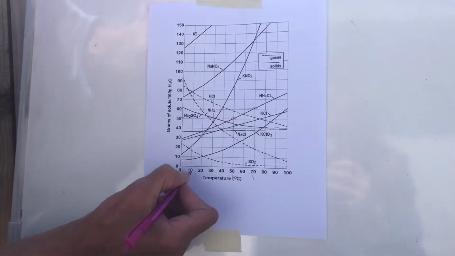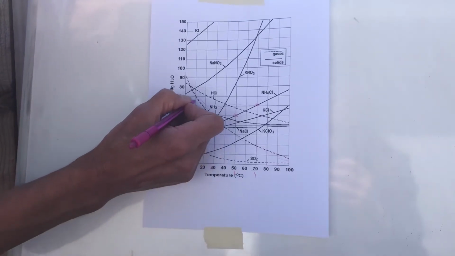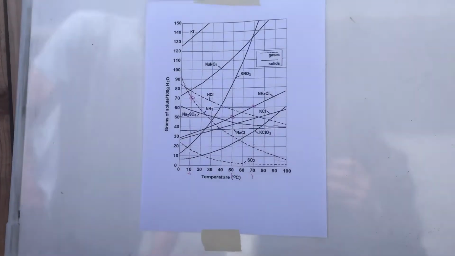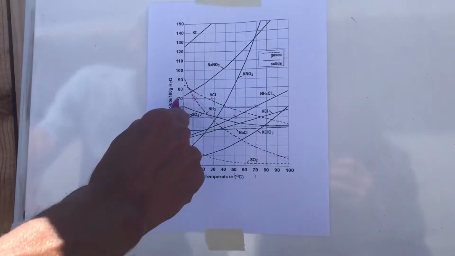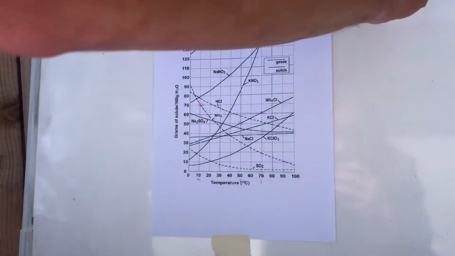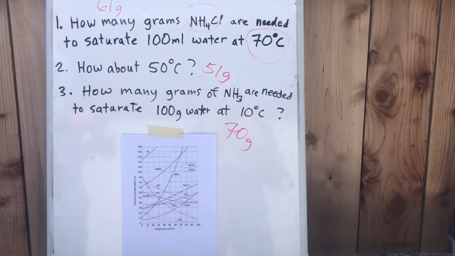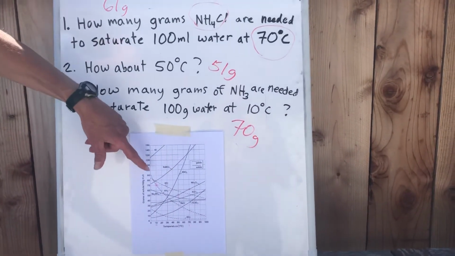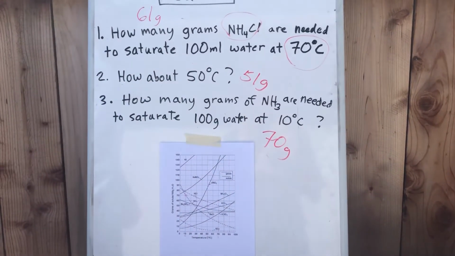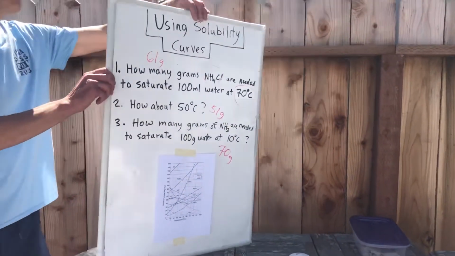At 10 degrees, that's here, you get to ammonia, it's about right here, and that would be about 70 grams. So 70 grams of ammonia would dissolve in 100 grams of water at 10 degrees. And you might notice also that as you heat up the water, less ammonia is dissolved, and that's because it's a gas. We've talked about that before.